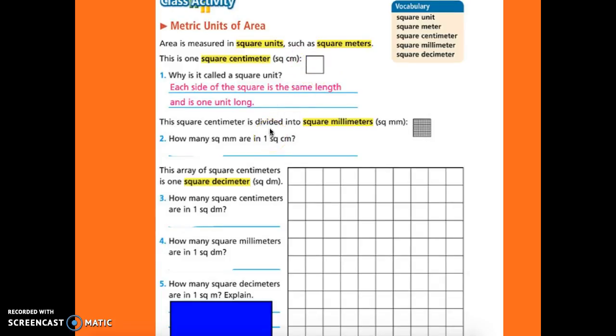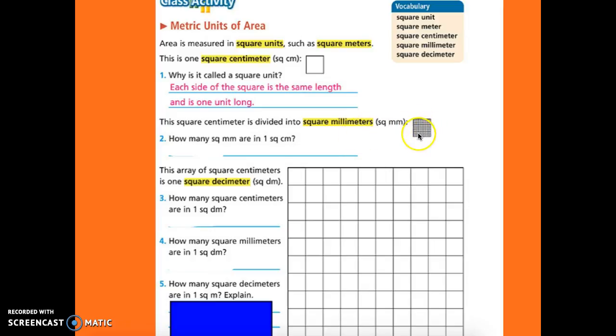This square centimeter is divided into square millimeters. All right, so this is 1 centimeter, and there's a lot of millimeters in here. If you can even see, there's these little boxes, and those are each boxes of 10. So there's 10, 20, 30, 40, 50, 60, 70, 80, 90. There's 100 boxes in there.